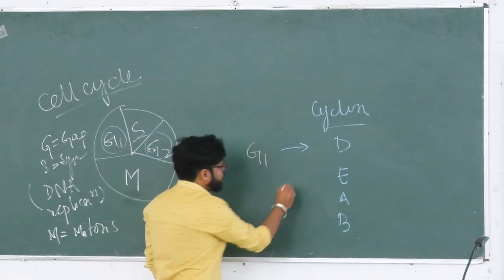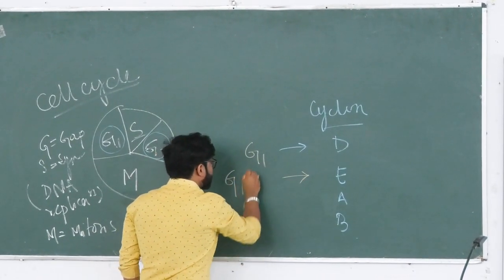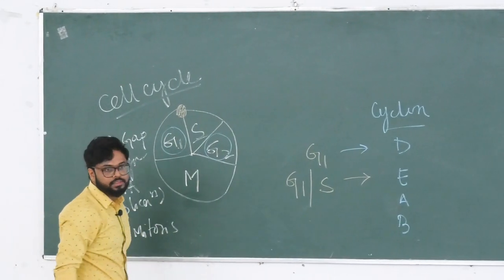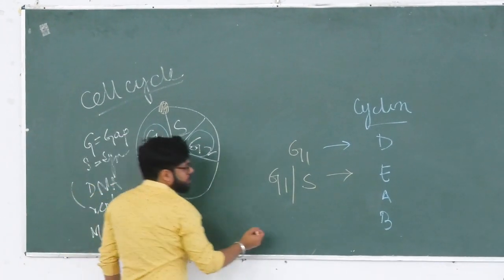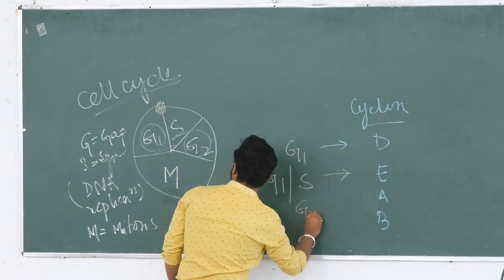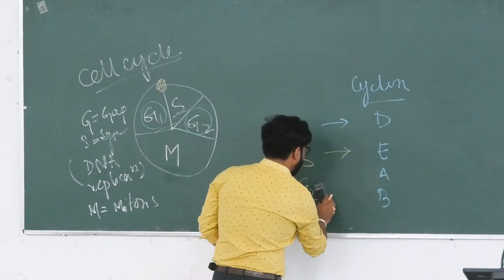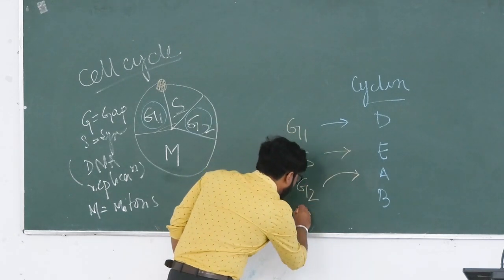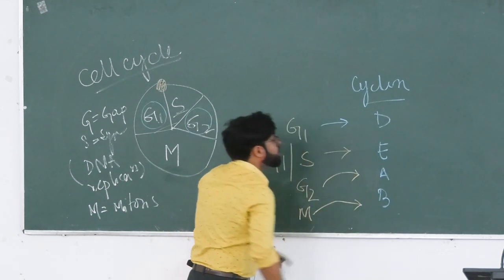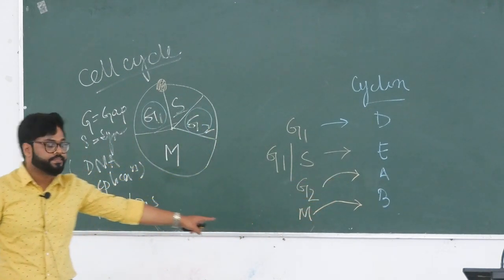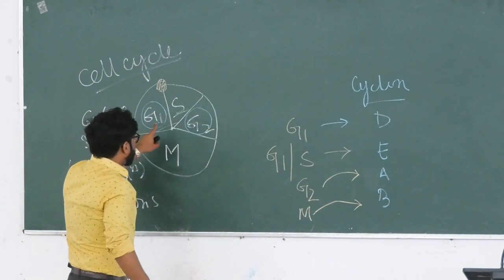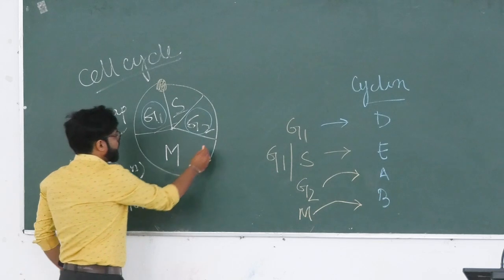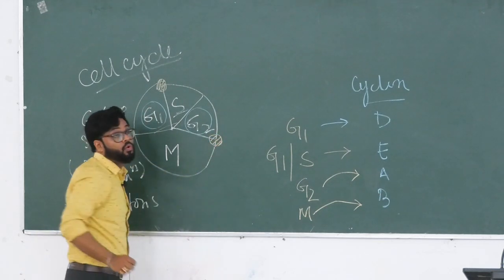G1, E. Next, G2, specific for cyclin A and cyclin B action. So there is basically a transition phase between G1 and S, and G2. So an important change.